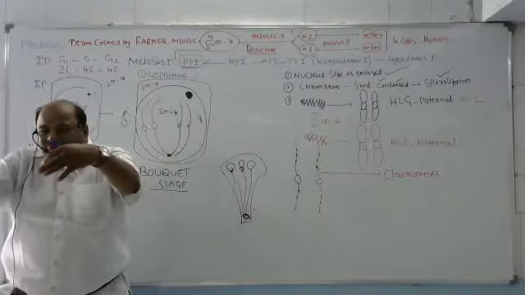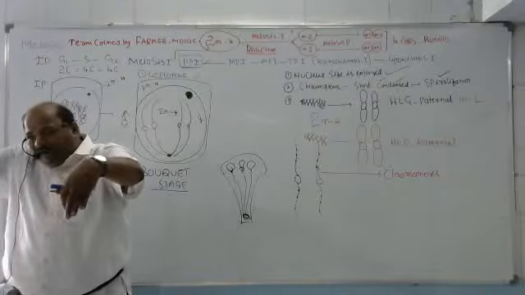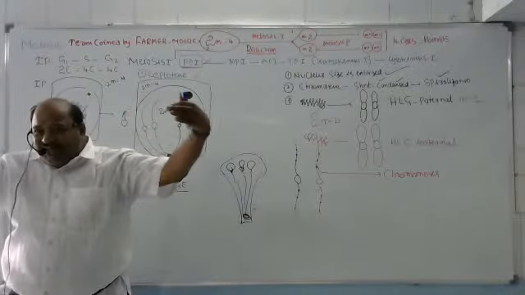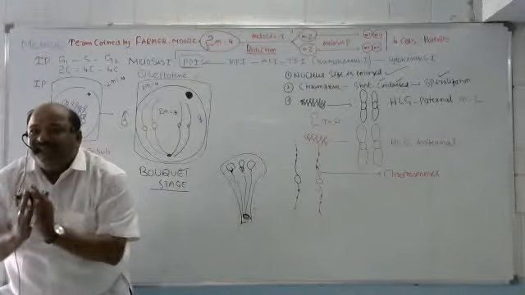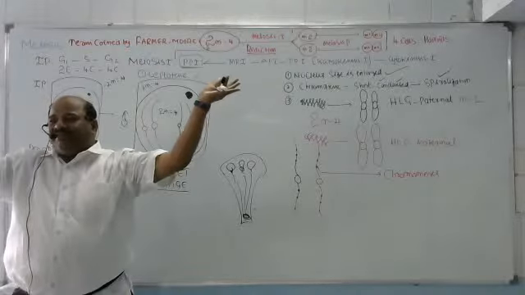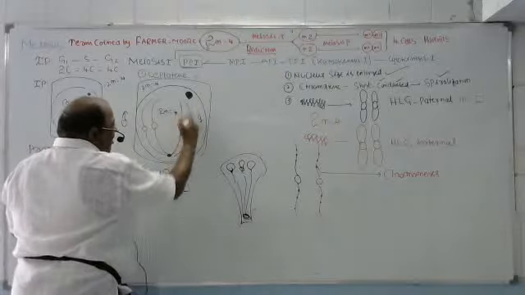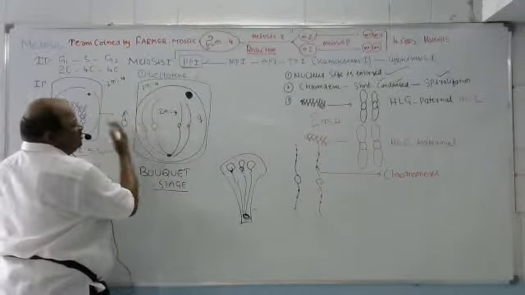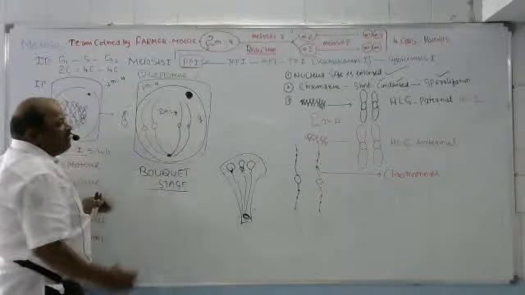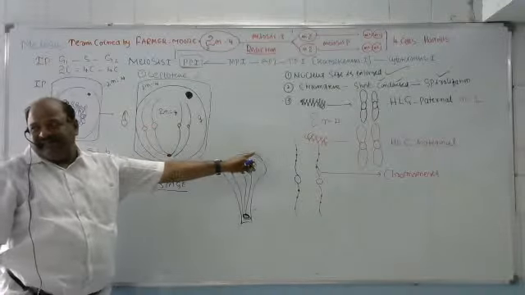Convergent means come close together and arise from a particular point. That is called convergent. Look at here. This is the convergent. This will become which one? Divergent. So all the boys are on one side, girls are on one side. Paternal chromosomes are on one side. Maternal chromosomes are on one side.